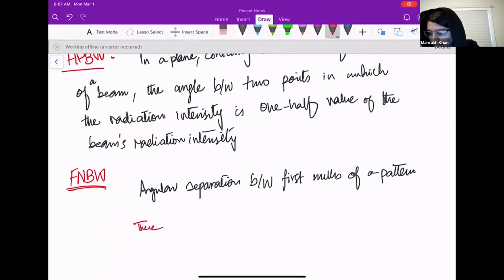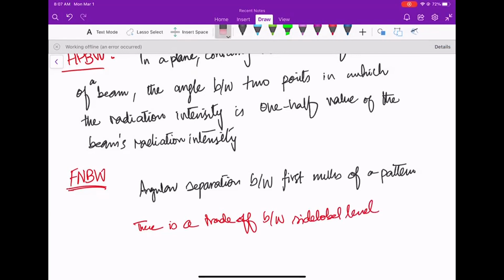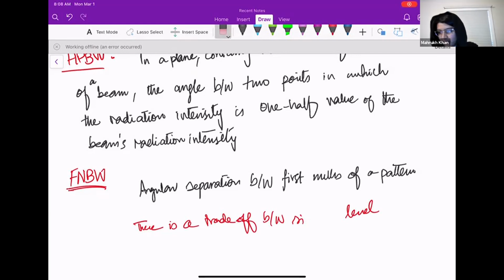There is a trade-off between side lobe level and beam width.